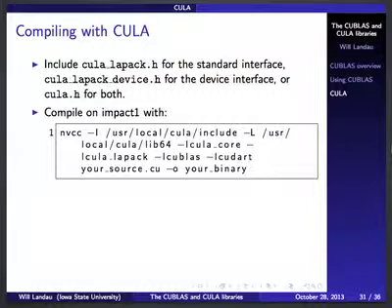So you might compile like this. The -I and -L flags just say look for my header files, my .h files, here. After the -L flag, I'm saying look for my shared objects, my libraries, in here. And then I'm going to load CULA core.